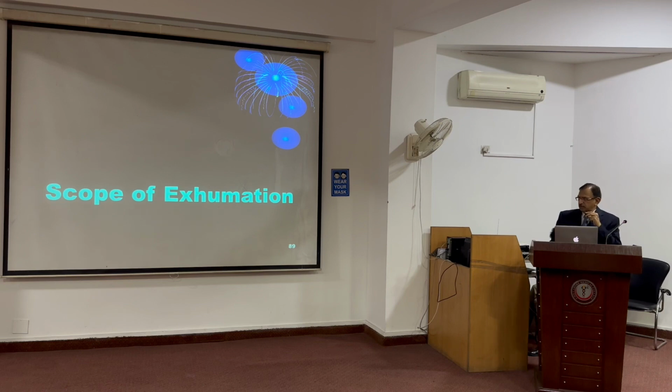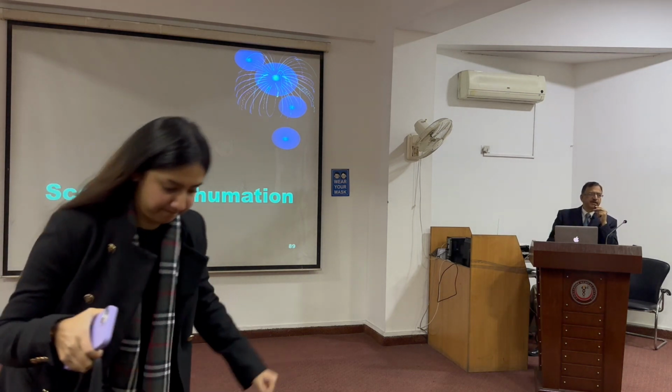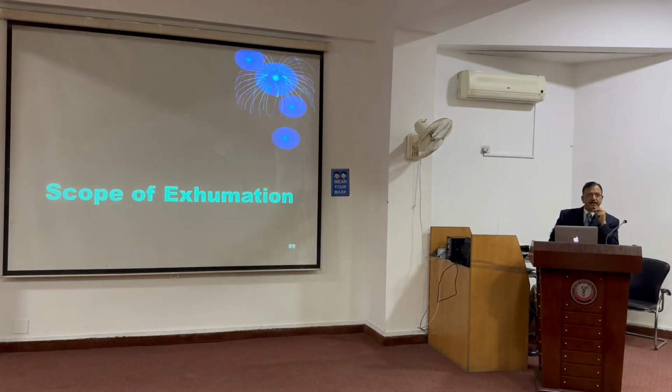Now, scope of exhumation. The scope or benefit is when you find the cause. But usually, if the allegation is in the soft tissues and the putrefaction has set in, soft tissue findings will be lost. And if there is suspicion of any disease process and you need to get the histopathological examination, that will also not be possible.